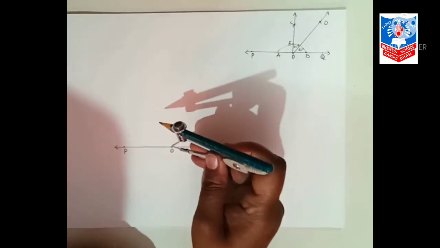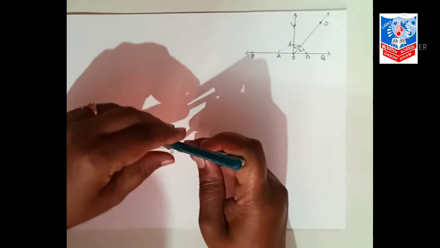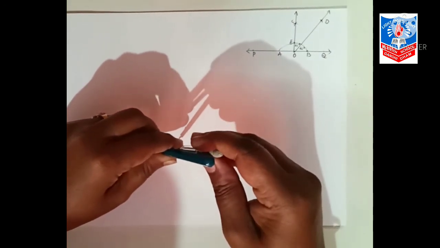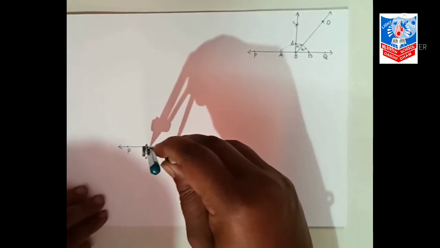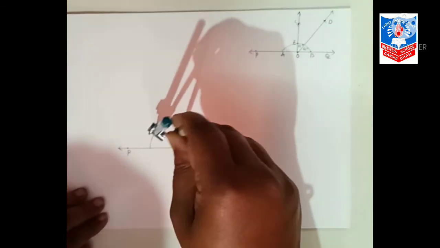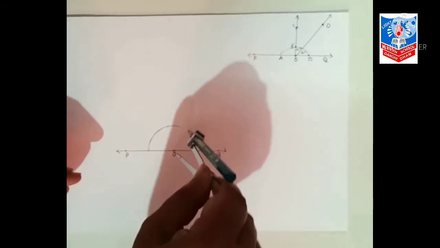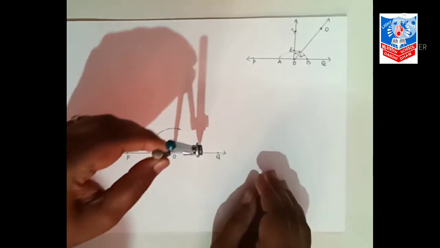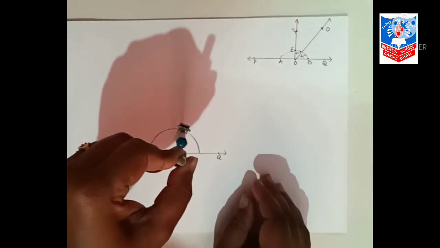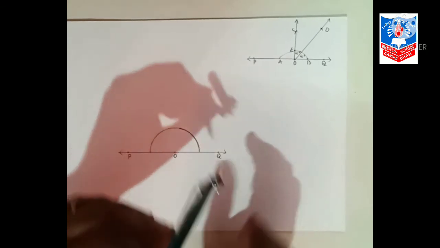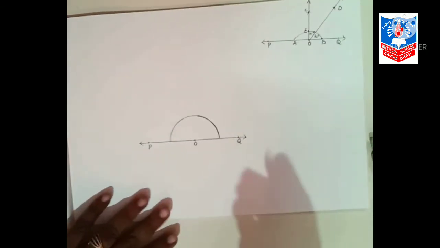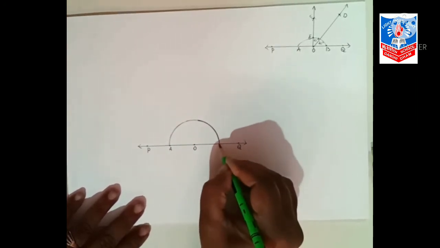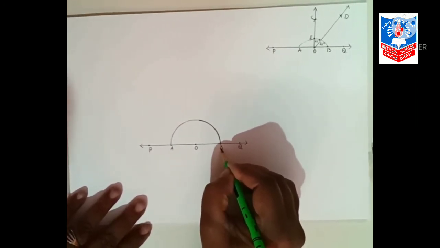See, with center O and any radius, draw an arc like this way. Here, name the points A and B.